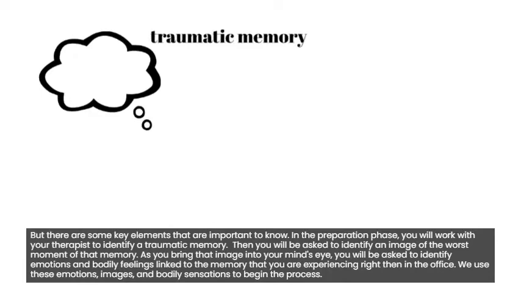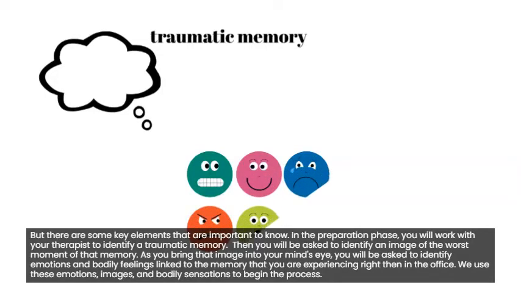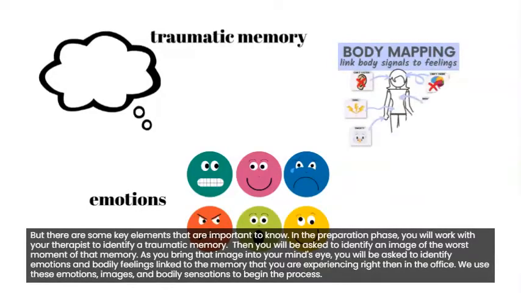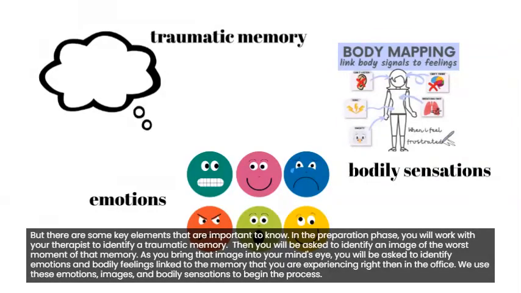Then you will be asked to identify an image of the worst moment of that memory. As you bring that image into your mind's eye, you will be asked to identify emotions and bodily feelings linked to the memory that you are experiencing right then in the office. We use these emotions, images, and bodily sensations to begin the process.